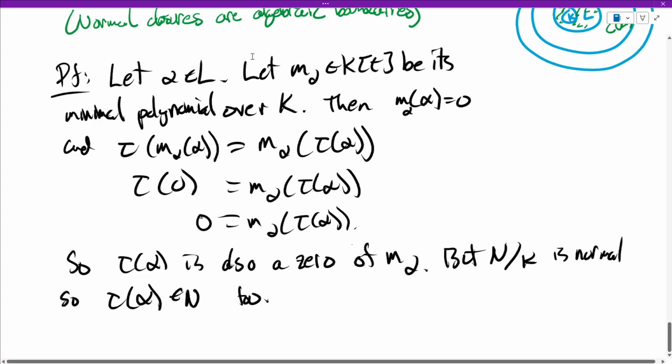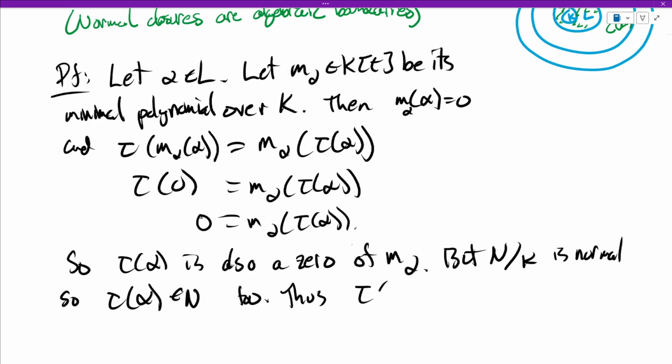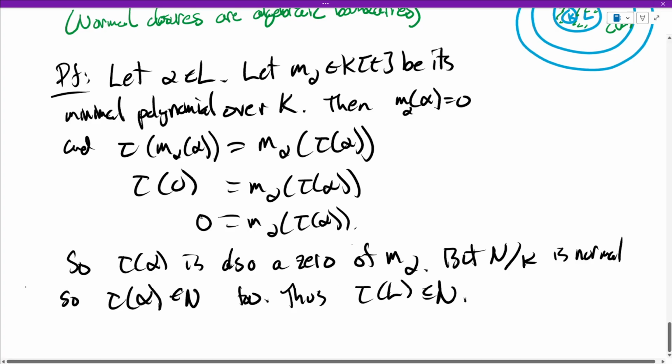And that's it. If you have any element of L, tau must send it to N. It cannot send it outside of N. Okay, so normal closures are kind of like algebraic boundaries.